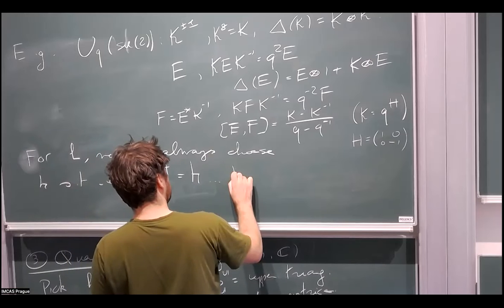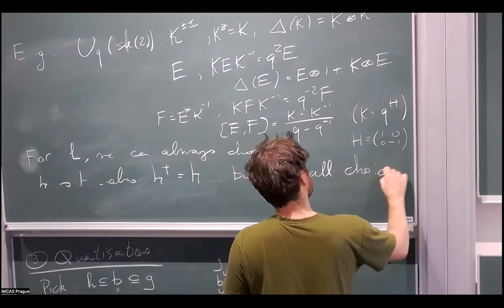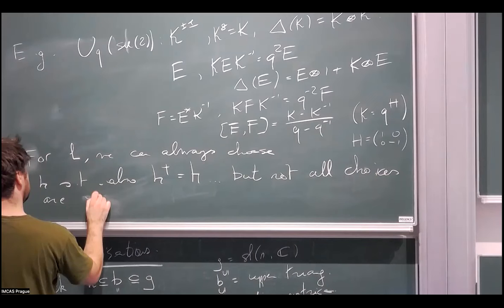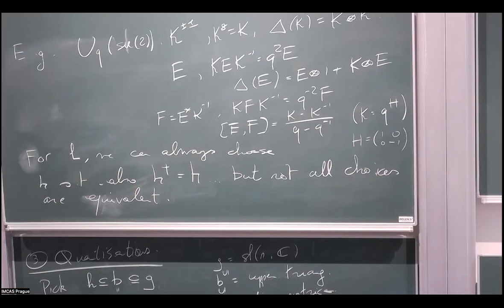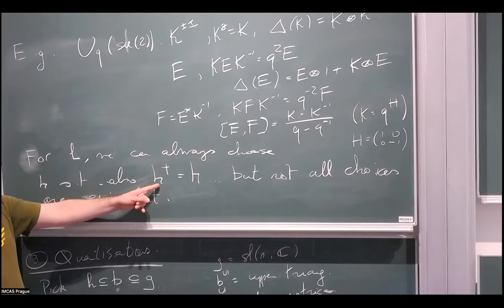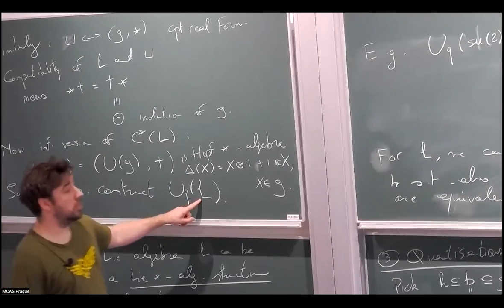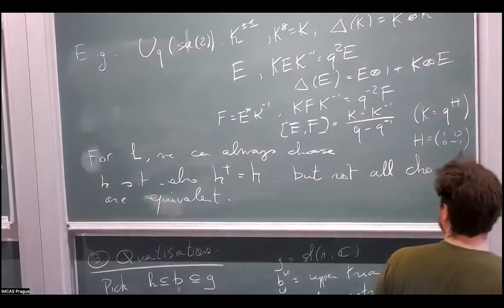But here the problem is that not all choices are equivalent. So depending on the purpose that you want to have for this H, you have to choose a specific one. There's a finite class of ones that you can take. They can be in different positions with respect to this one. And the one that I will need for my quantization is called the Satake position, or the anisotropic position, or I also call it the minimally compact position.